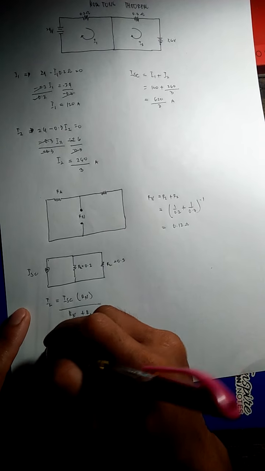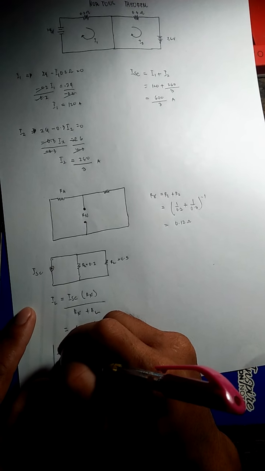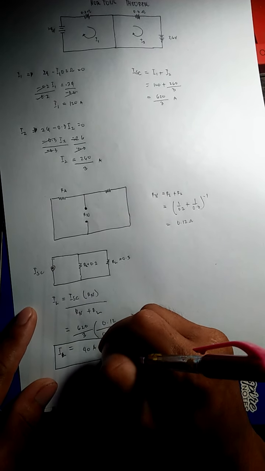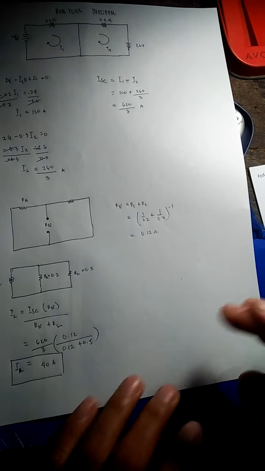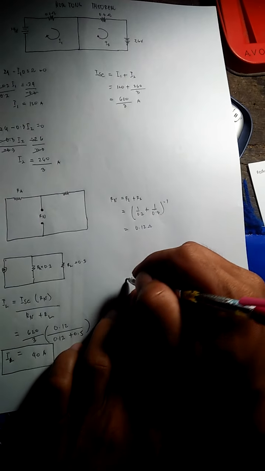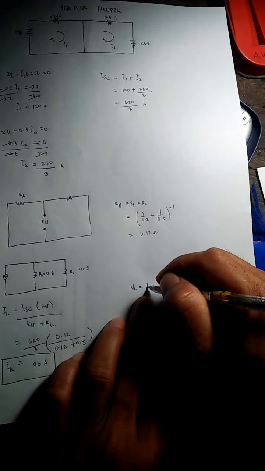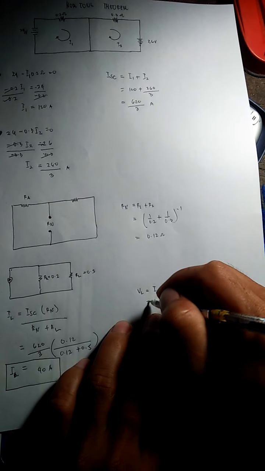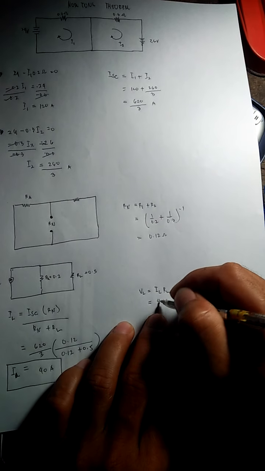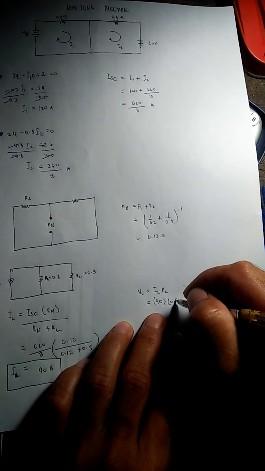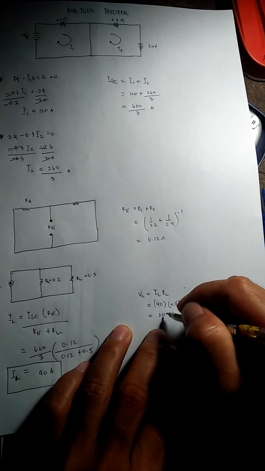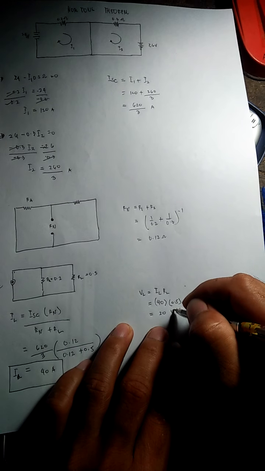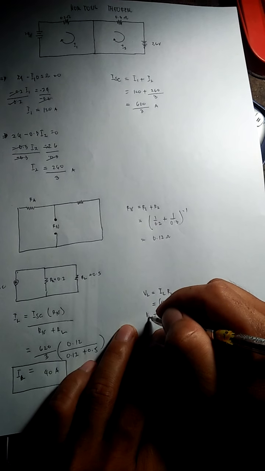This is our IL. Since we have our IL, we can now solve for VL, which is IL times RL. So 40 times 0.5 is equal to 20 volts, since it is VL.